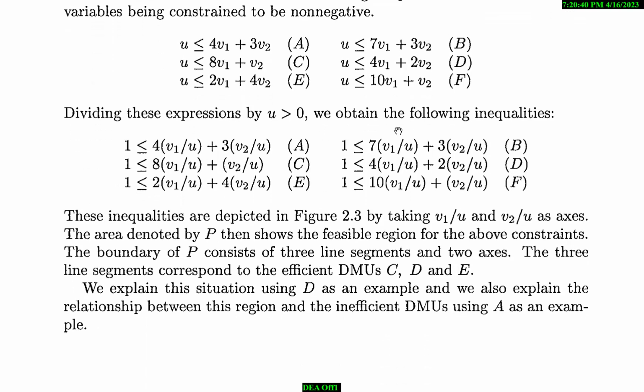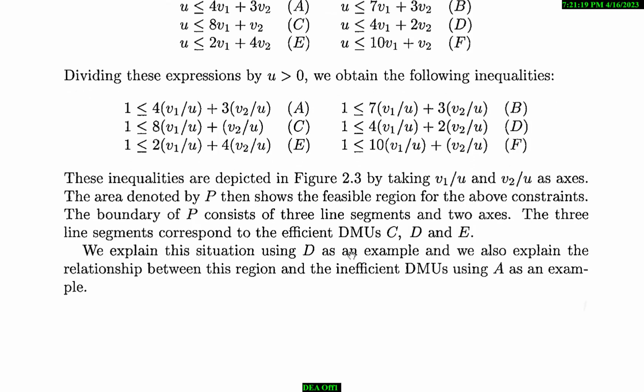Now we can show the feasible region of these models easily. Indeed, we have 6 constraints with 2 variables, and you know how to determine the feasible region.